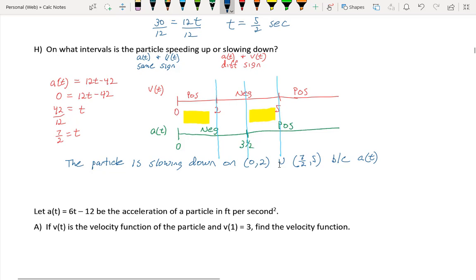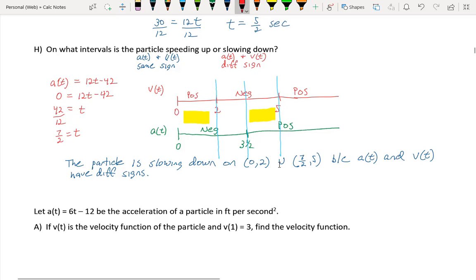You could say that they have different signs. You could say that a of t is negative and v of t is positive, but I'm just going to say because a of t and v of t have different signs.